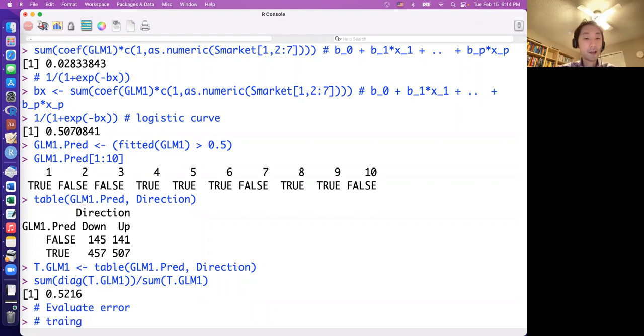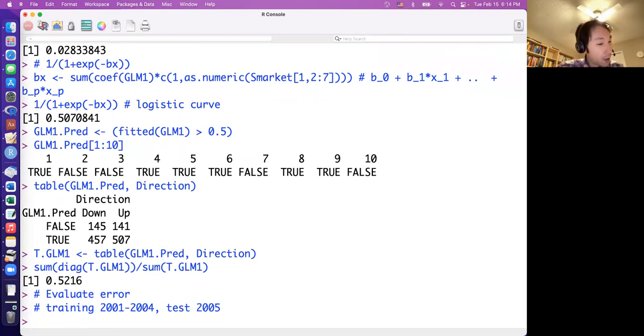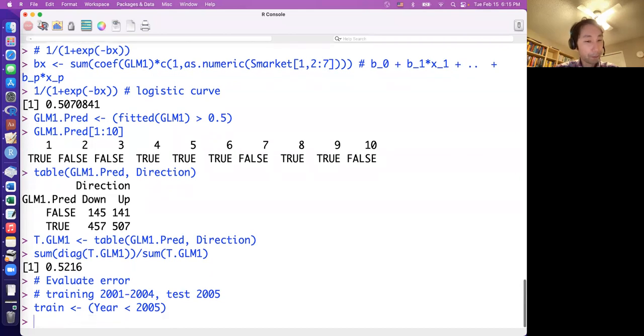The training set is 2001 to 2004, and the test set is 2005. So we have the column year. Year less than 2005 we define as training. So we define train as this logical vector. Value is 1 if 2001 to 2004.